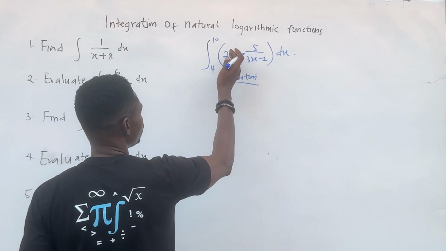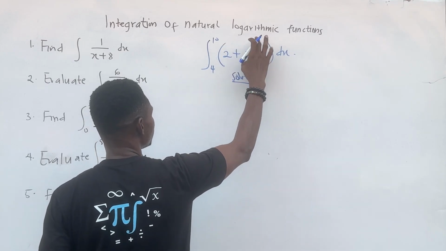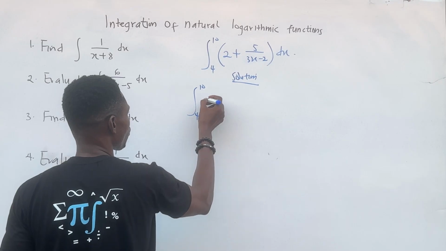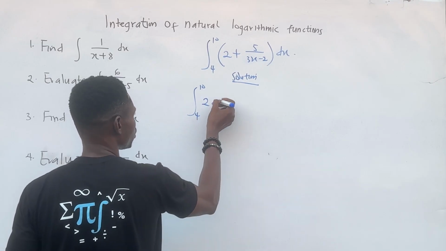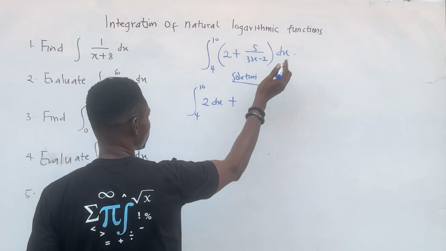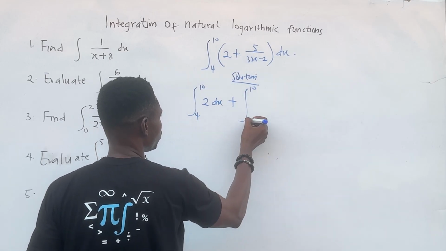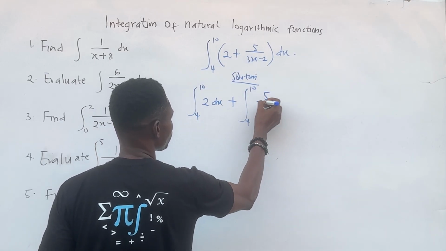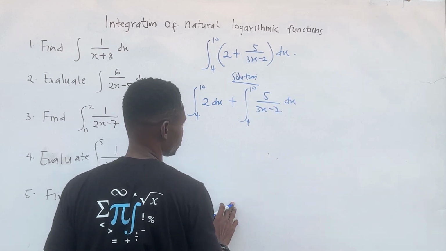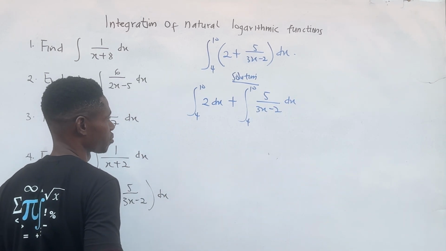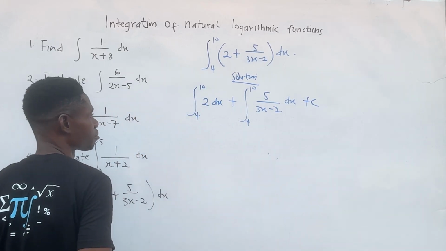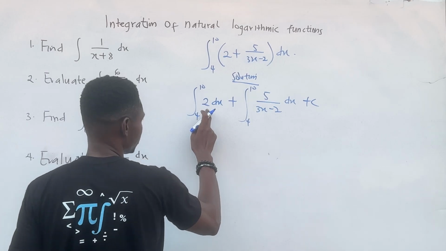We can break it. So we'll have the integral from 10 to 4 of 2 with respect to x plus, that's this other one now, the integral from 10 to 4 of 5 over 3x minus 2 dx. Remember, we're adding our c, right? So let's integrate this.